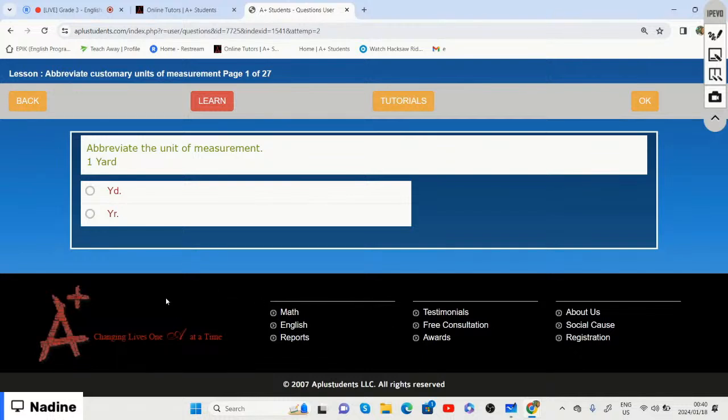And units of measurements. They're saying we need to have 1 yard. If we abbreviate yard, is it YD or YR?